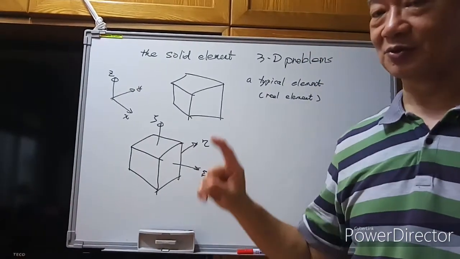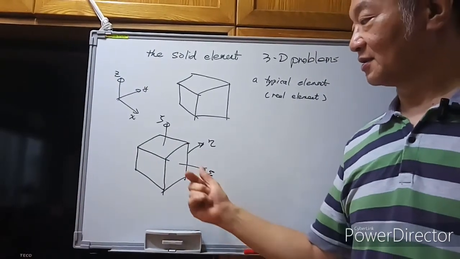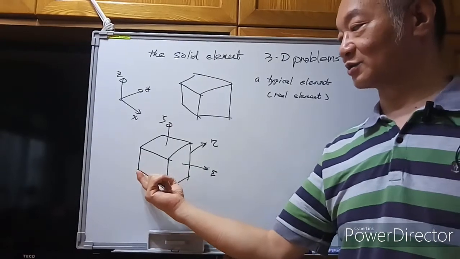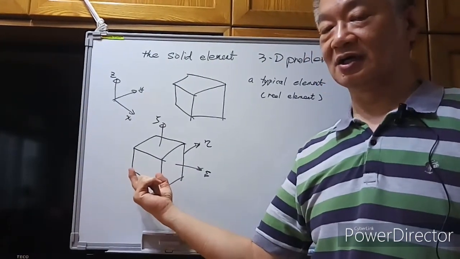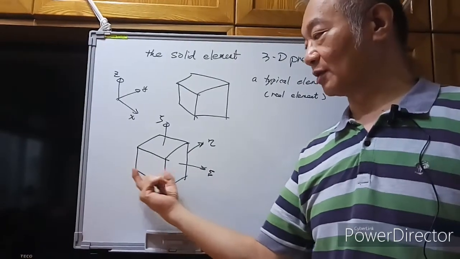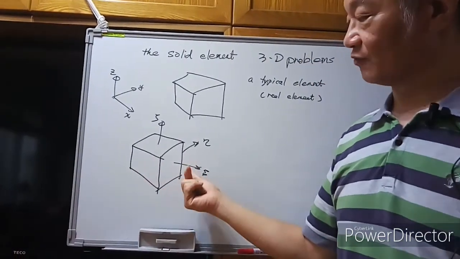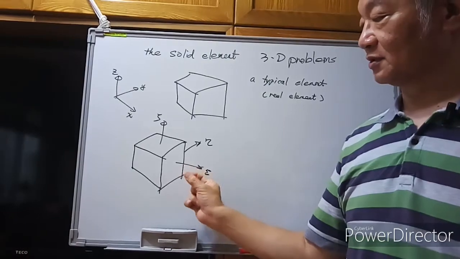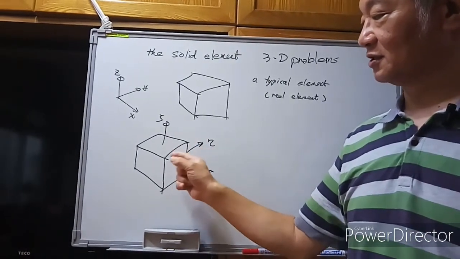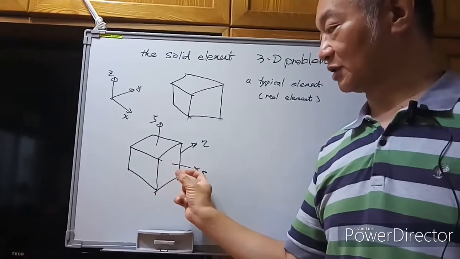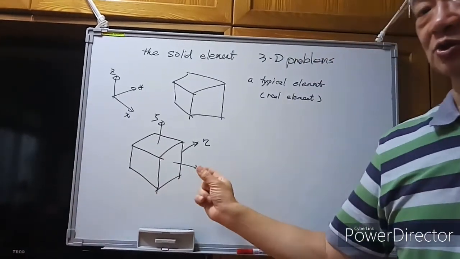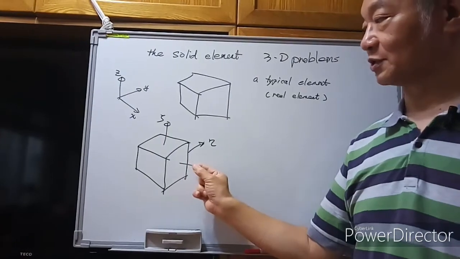So you can expect the Xi values used by the master element change from -1 to +1. Also for the eta value, since the origin is at the center of the element, the eta value is also changing from -1 to +1.